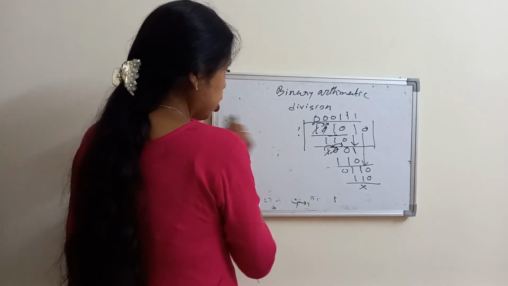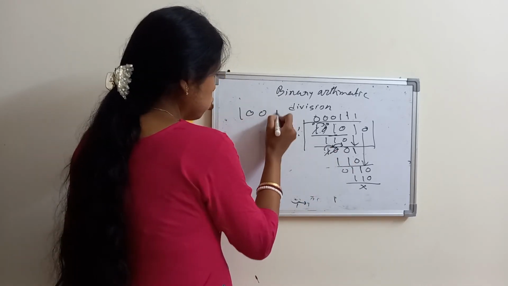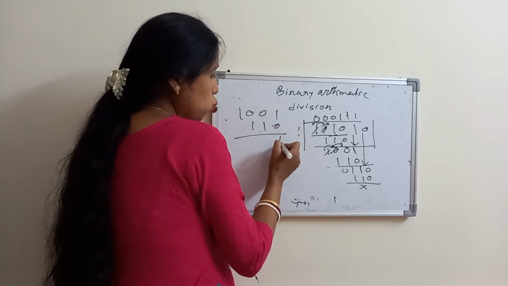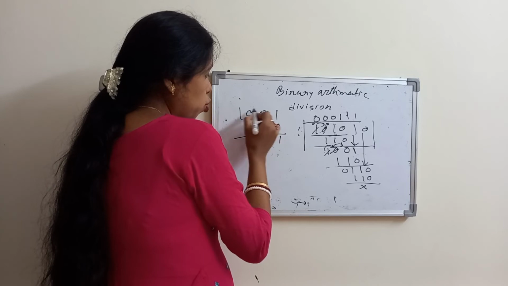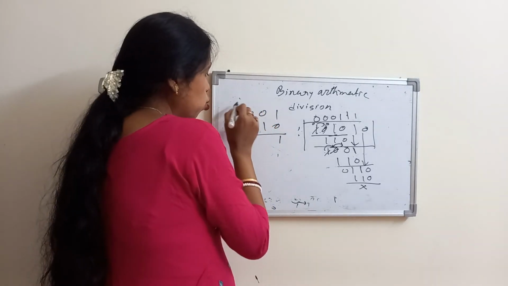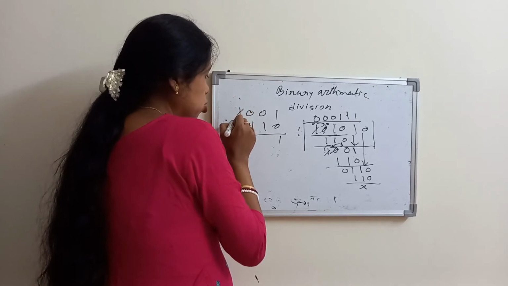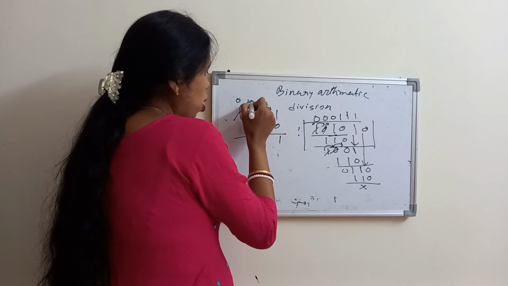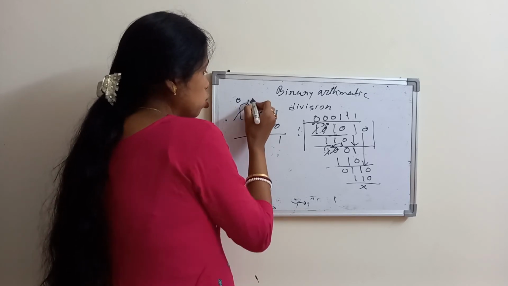So I think it is clear how I have done 1 0 0 1 1 1 1. Again I am taking 1 minus 0, 1. For this you want to take borrow from here, but you are not getting any 1. So again you have to go to here. Here 1 is there. So this 1 will be reduced to 0. This 1 will come as a 1 0.